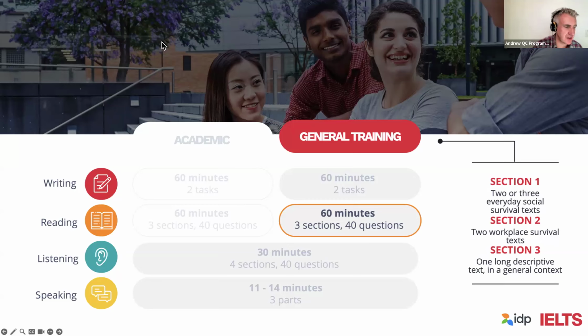Its objective is to test language in a workplace or work training context, such as applying for a job, using workplace facilities, or staff development. All right. It doesn't say here how many words in total it is, so I'm just assuming it's around the same as the academic.